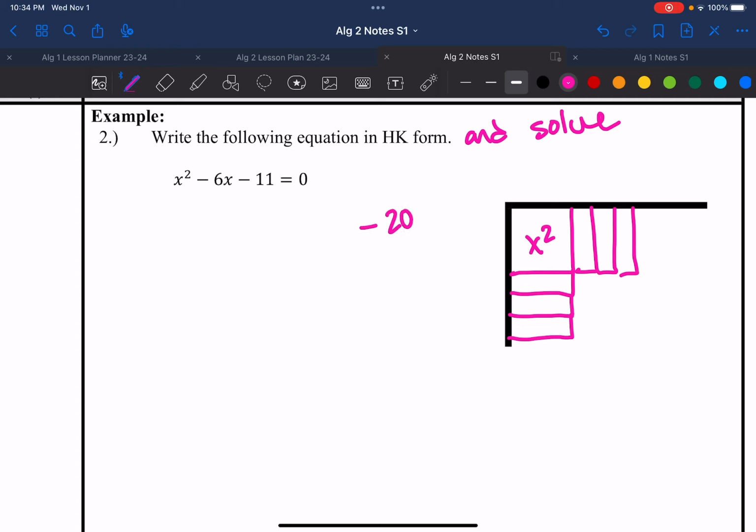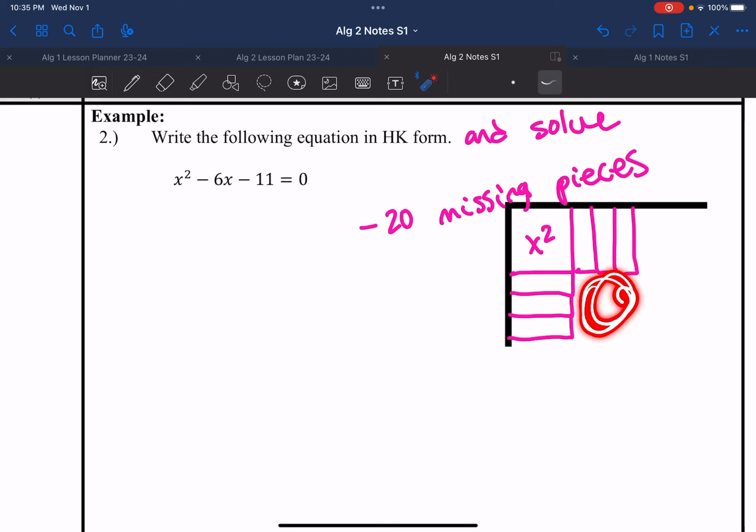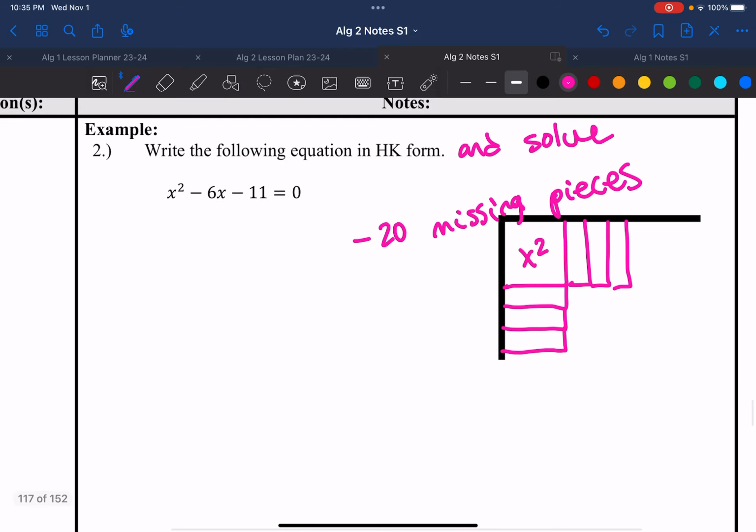So I'm going to say negative 20 missing pieces, because I'm counting everything from here is missing, plus these 11 as well. Okay, so it's just a little funky. I'm actually going to underline that just so that we know. If negative, count as missing.